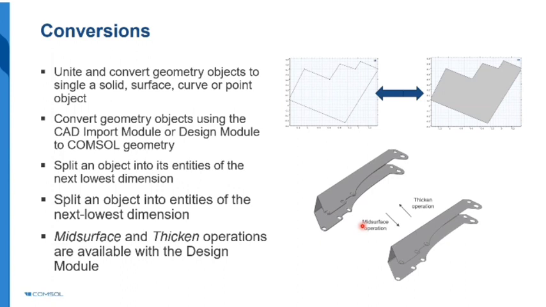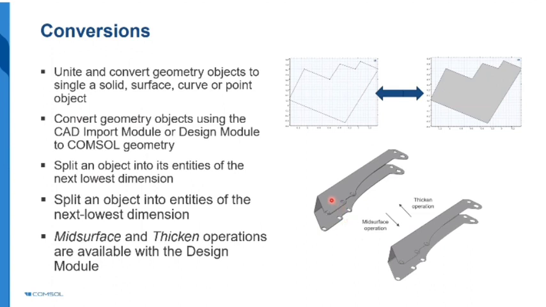Just for an example, say you have some geometry object like this, which has a very finite thickness. But if you want to use it under shell interfaces, because for various types of physics there are various shell interfaces available, you may want to work at the mid surface itself.